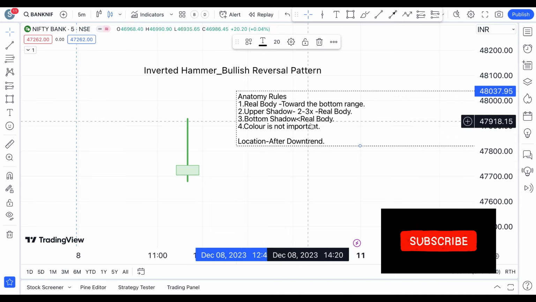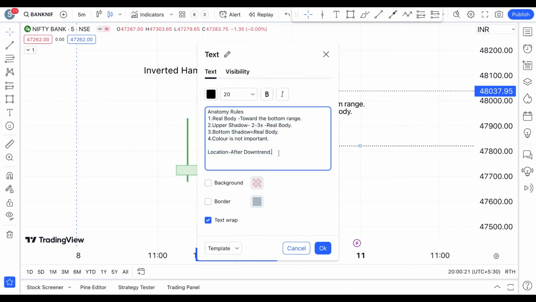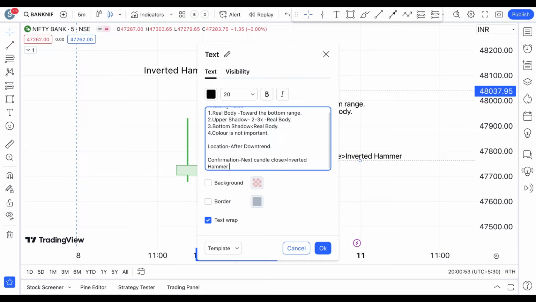One more important point: in order to take any position towards the call side or buying side, you need one extra confirmation. The confirmation can come only after the next candle. The next candle close should be greater than the inverted hammer close.